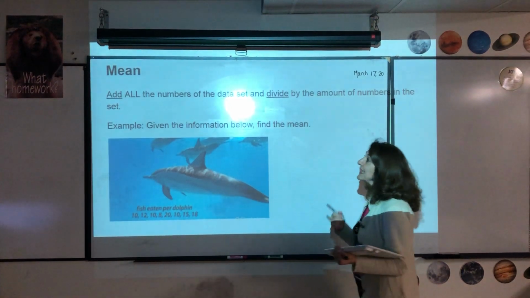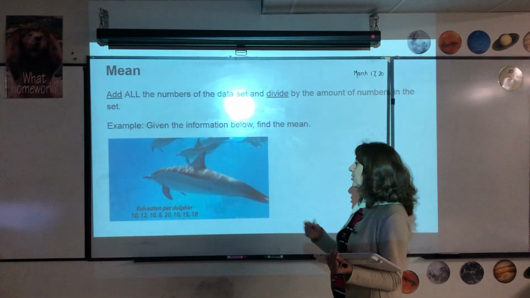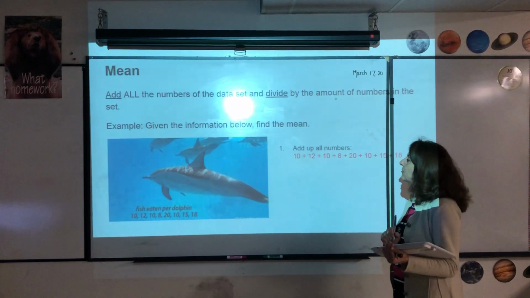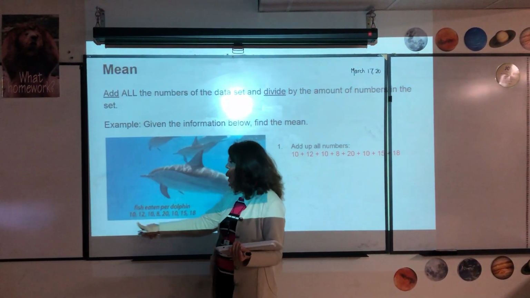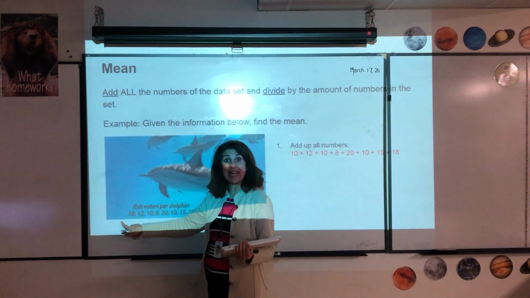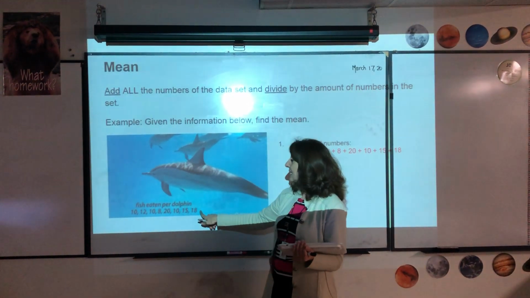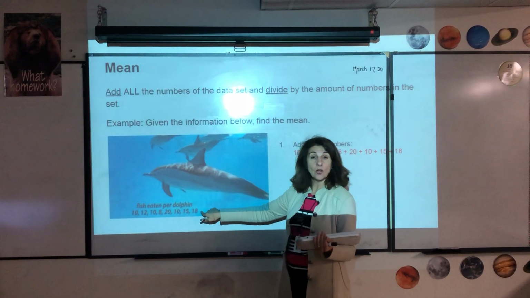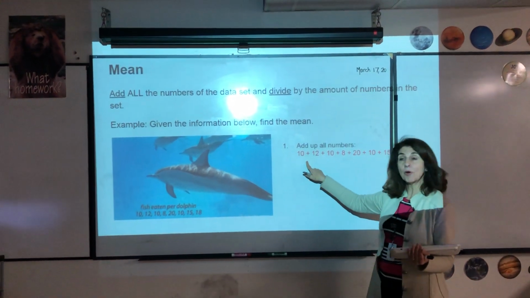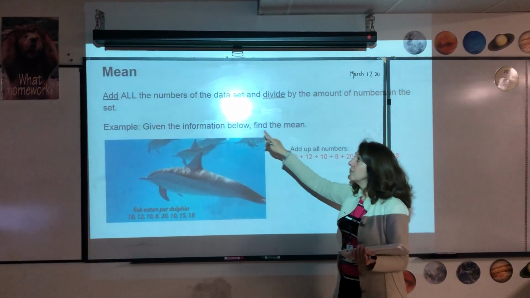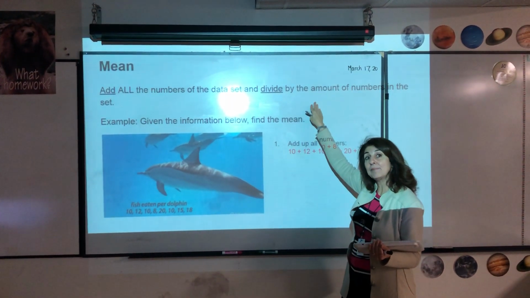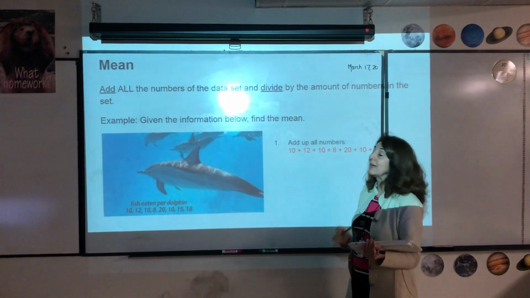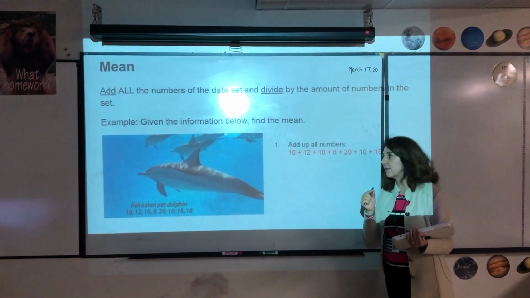So how do we find the mean of these numbers? First thing we have to do, we have to get all the numbers that are given to us, all the information in our set. This is our data set. We add up all the numbers, just like we said, and then we divide by the amount of numbers in the set.